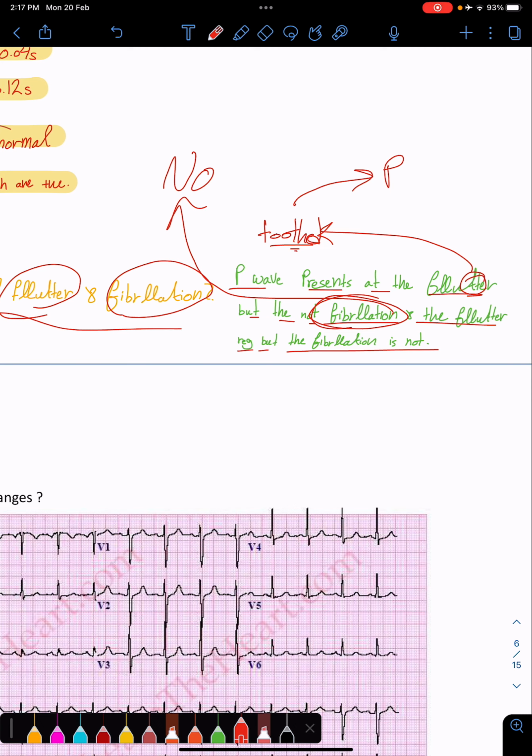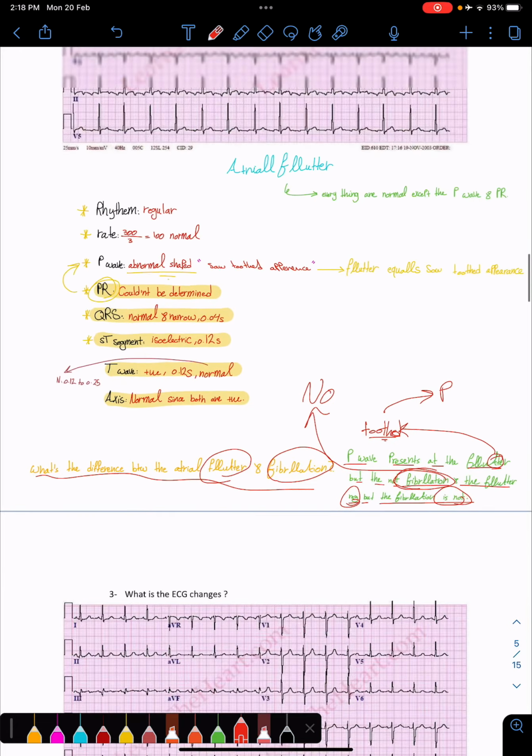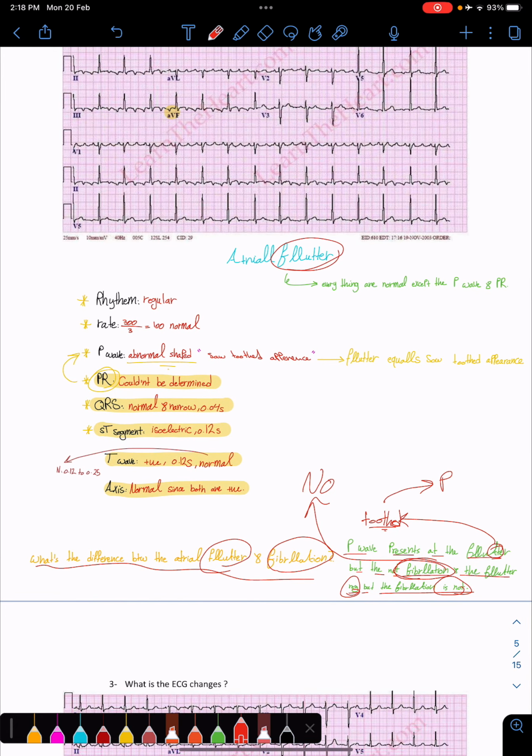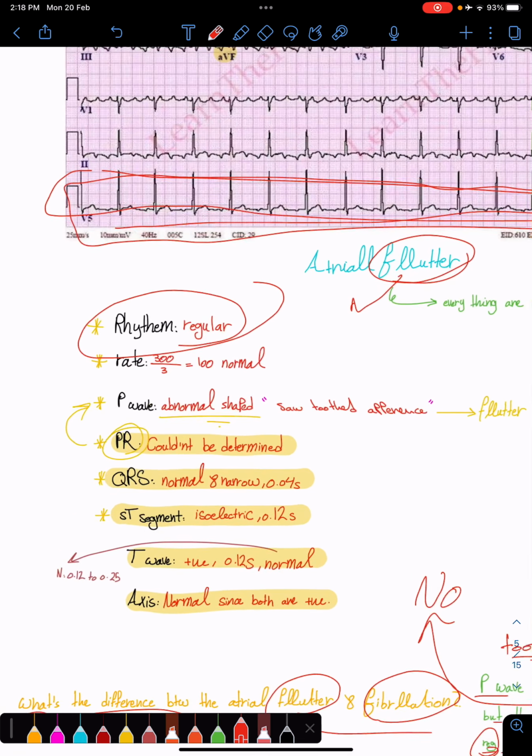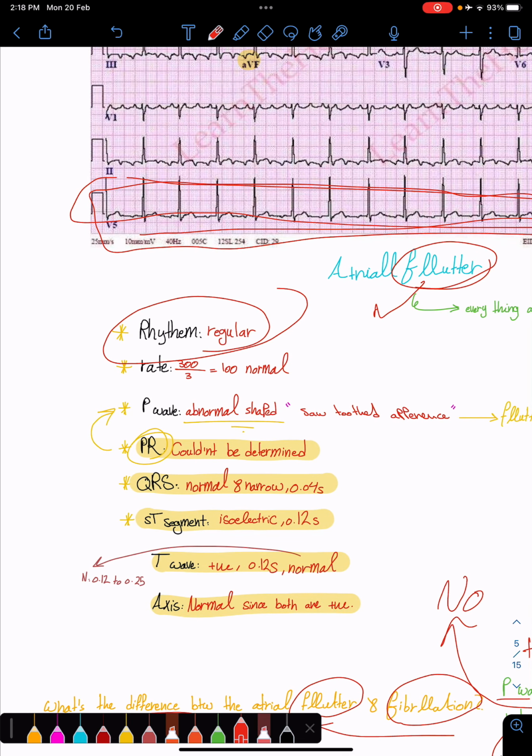The flutter is regular, but the fibrillation is not. Why do we say the flutter is regular but the fibrillation is not? This is the flutter, which takes the sawtooth appearance. It's going to be regular basically. How could we remember that the flutter takes a regular rhythm?